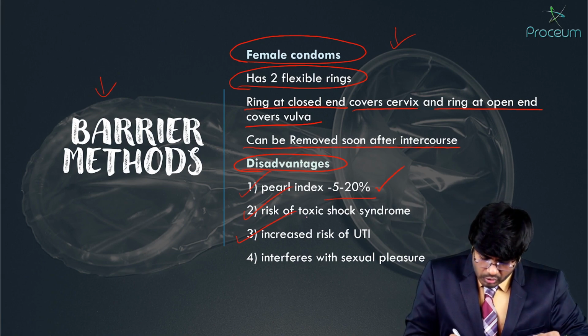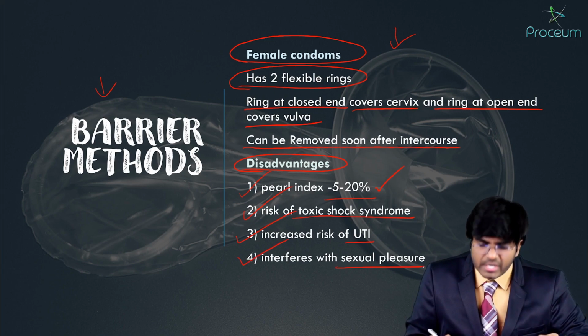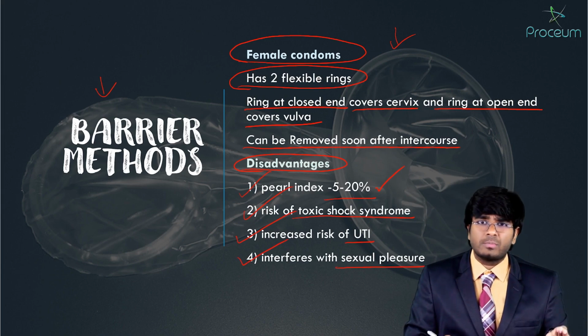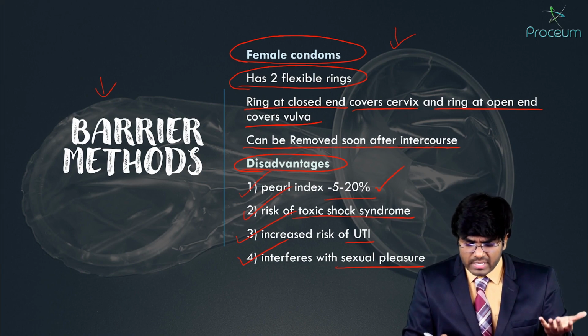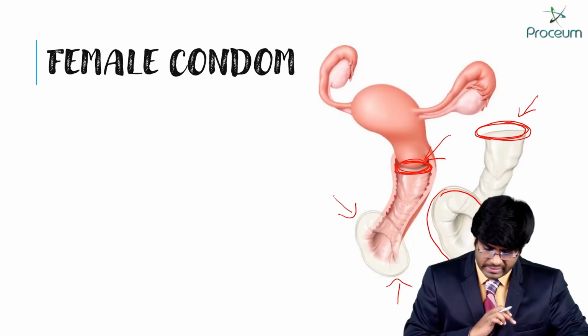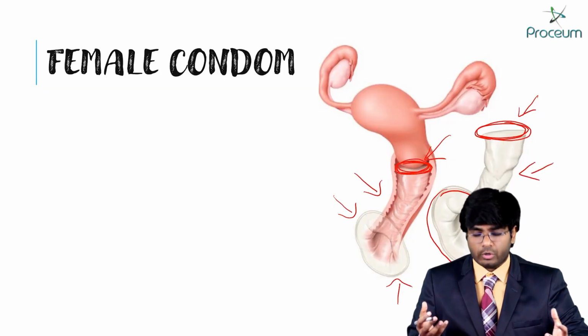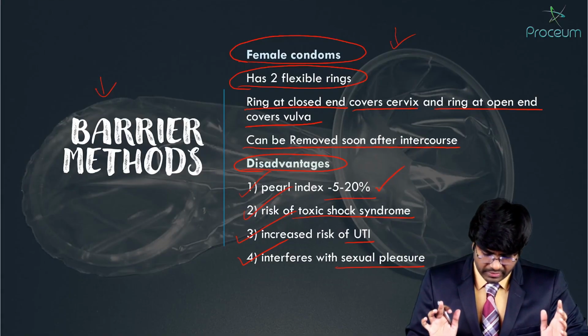And it interferes with the sexual pleasure. Even male condoms and female condoms will definitely have some impact on the sexual pleasure. Now, this image is very, very important. You should know what the female condom looks like. Image based question is very, very important.